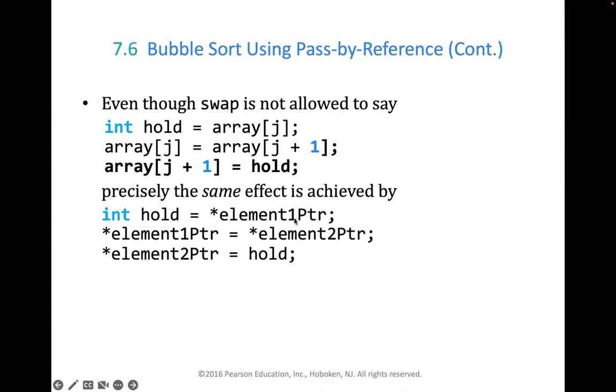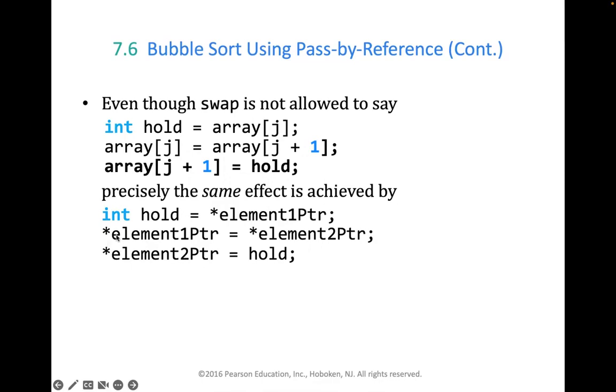Then if we use pointers in the code, int hold equals star element1Ptr. So star gets the value stored at that memory address, right?